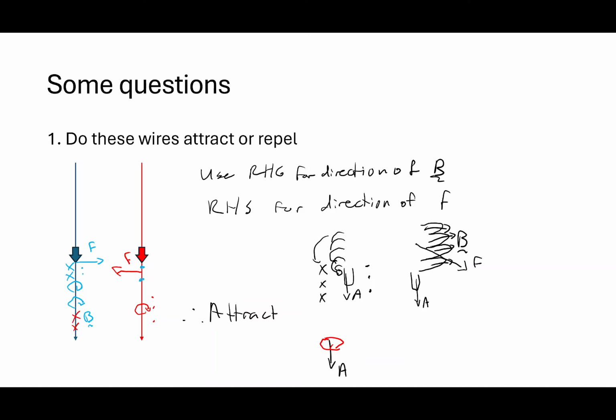Because the wires have different magnetic field directions, there will be a difference in force, because we use the right hand slap rule for force. Since they're both pointing down, you would expect them to have the same direction of force. But one has a magnetic field out of the page and one has a magnetic field into the page.